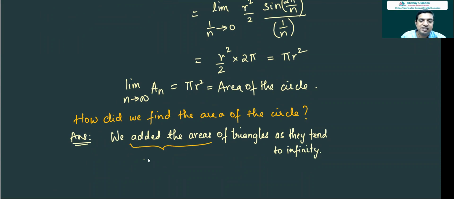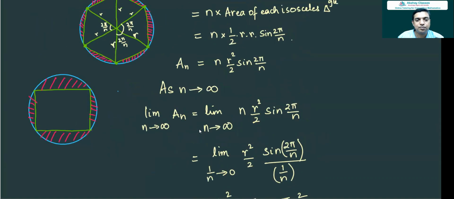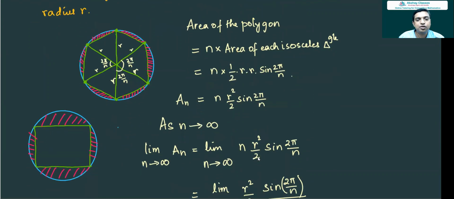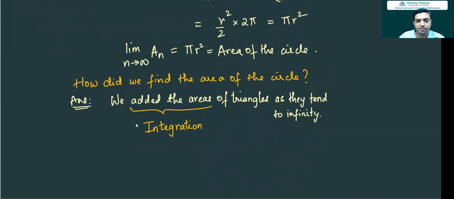This is called integration. Integration means adding up. So this is the concept of integration, which we have used for finding the area of a circle through the means of a regular polygon.